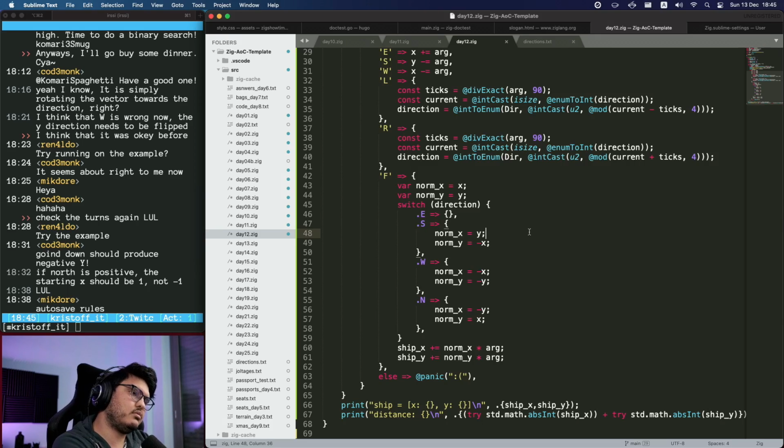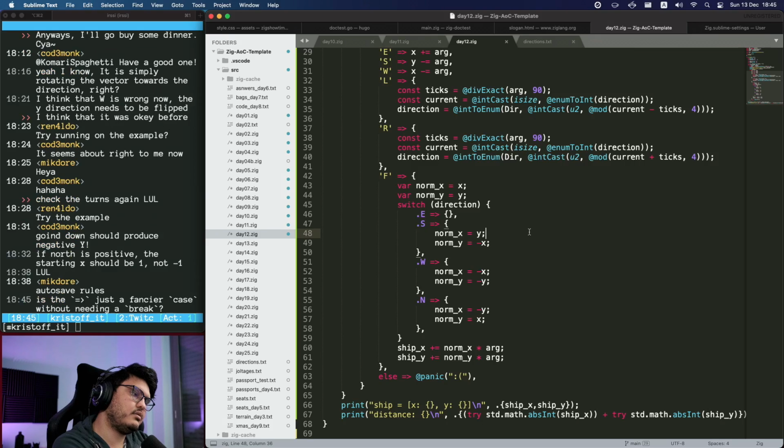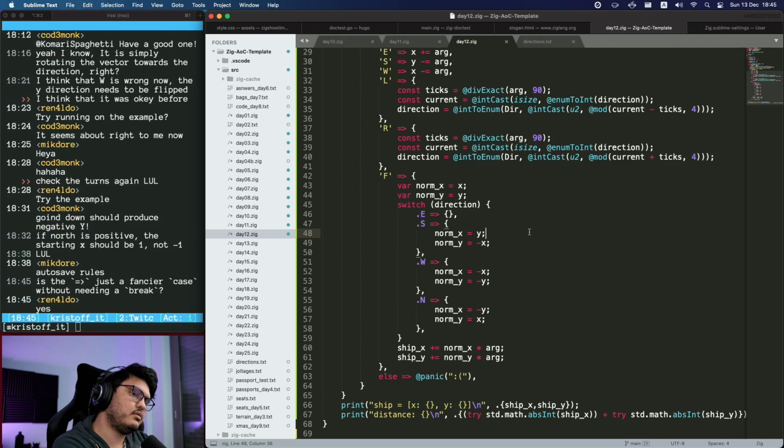So if the vector is the arrow just a fancier case without needing a break? Yes, the arrow indicates a case. There are no breaks because there is no fall through in switches here.